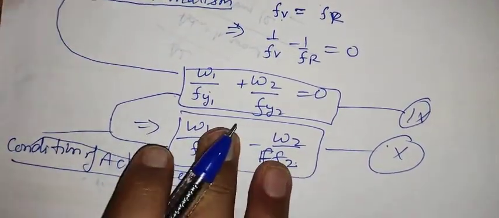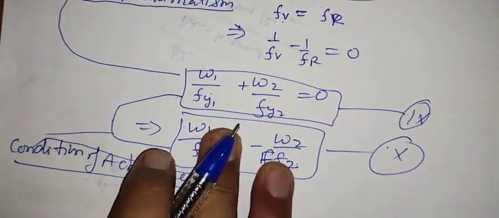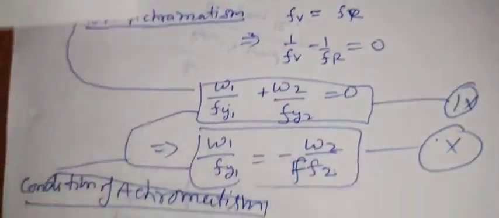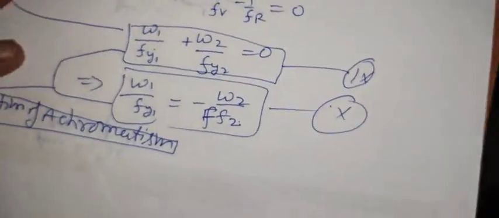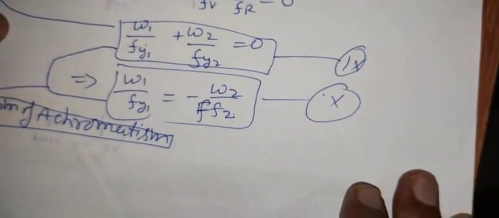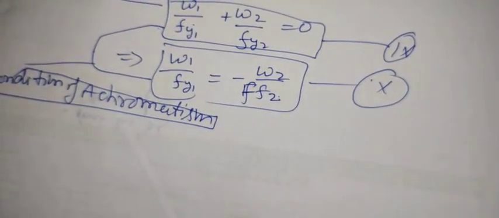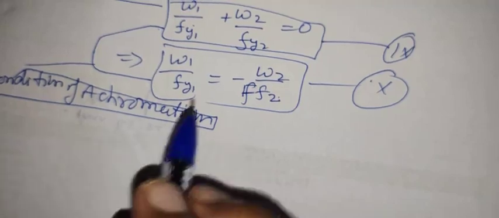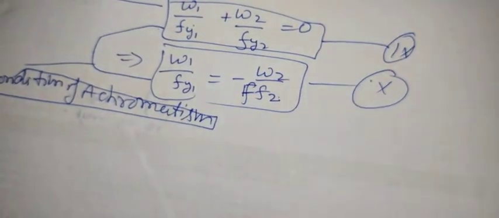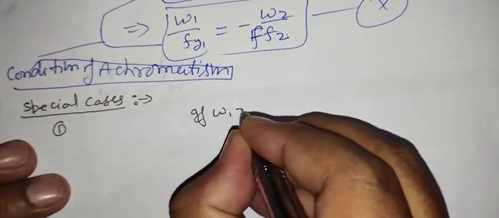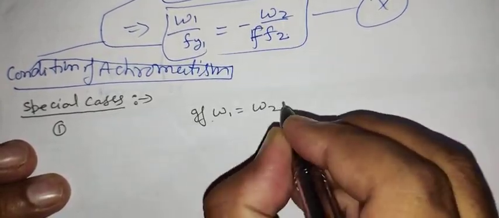In this derivation, we have taken two lenses and made a mathematical expression for them. If both lenses satisfy this formula, then we can obtain achromatism. Now see the meaning of this expression. Special case 1: if omega 1 is equal to omega 2, then what will happen?